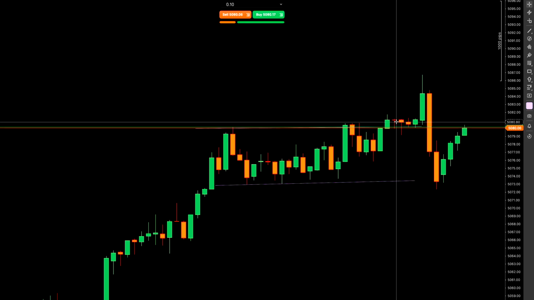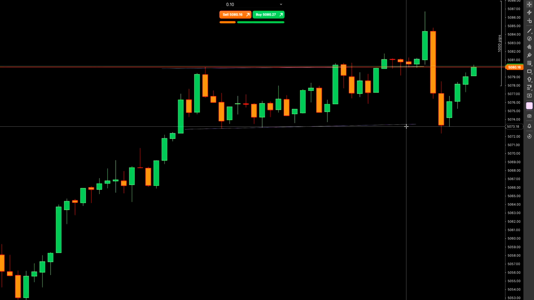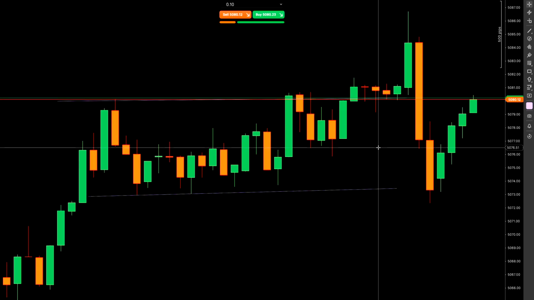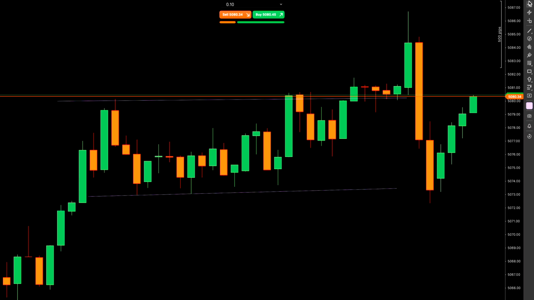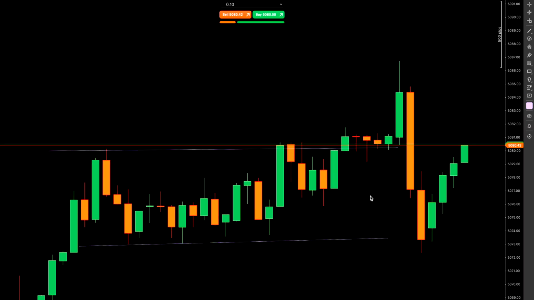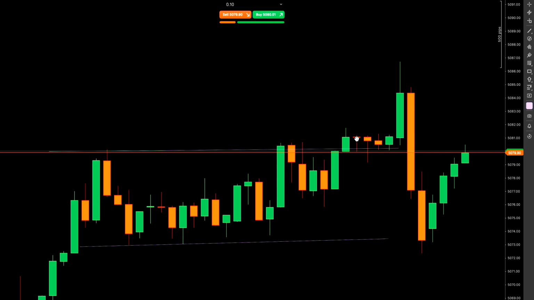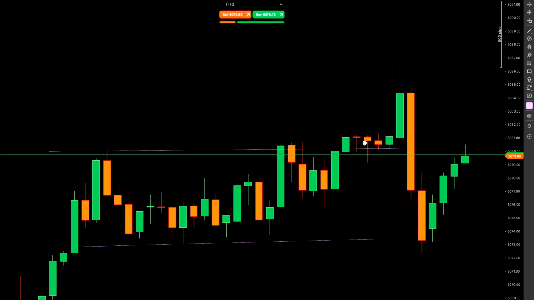All right, so right here we have a doji. A doji means there's no pressure, no strength, no volume at all. It opens up here, wicks a little bit, comes down, rejected, bullish, pushes it up, and closes red or orange.